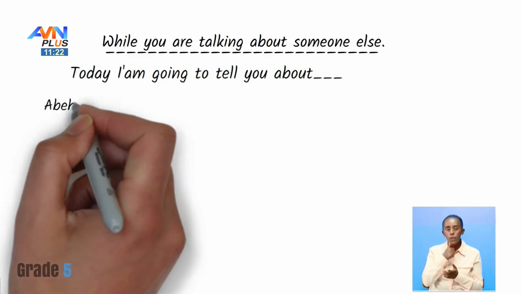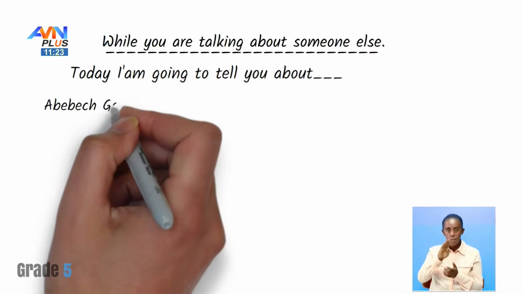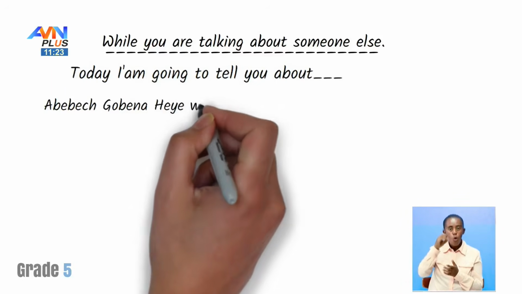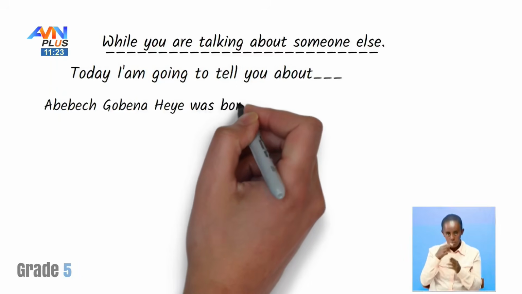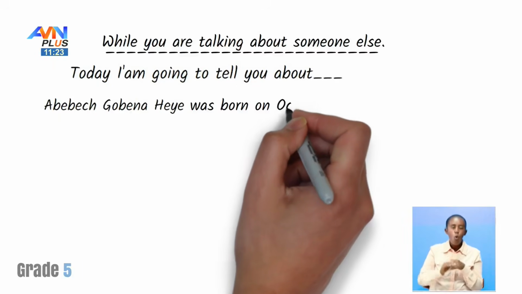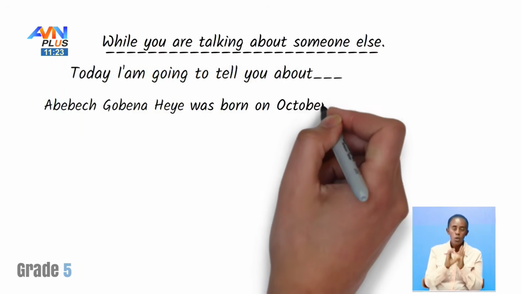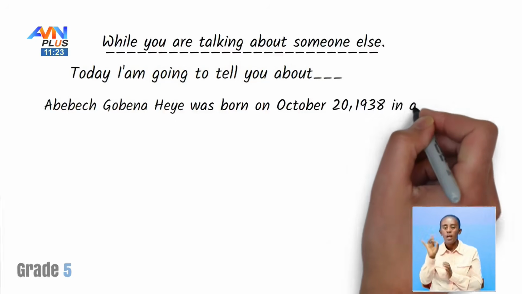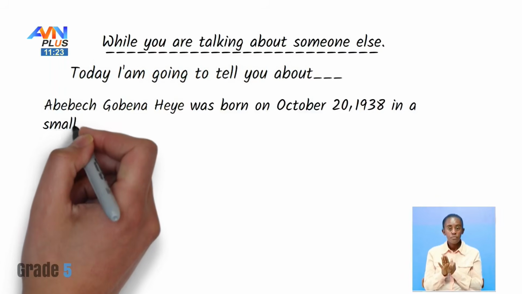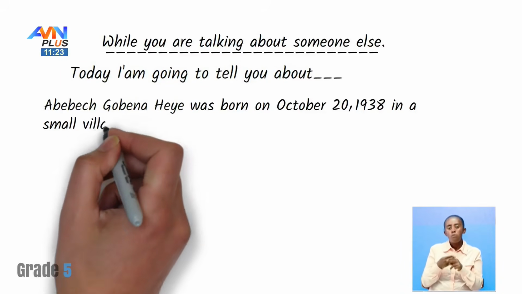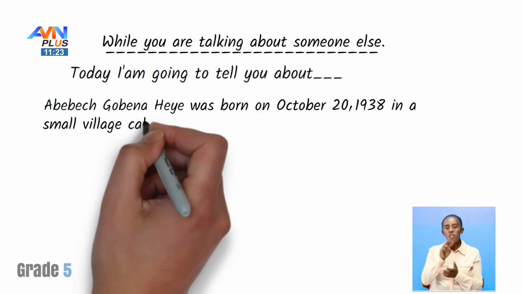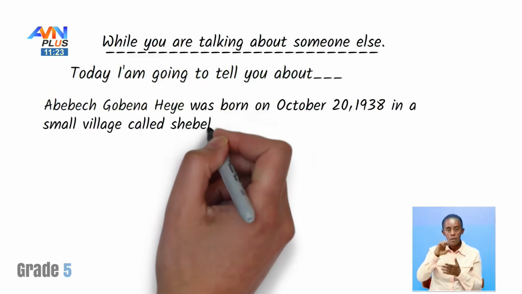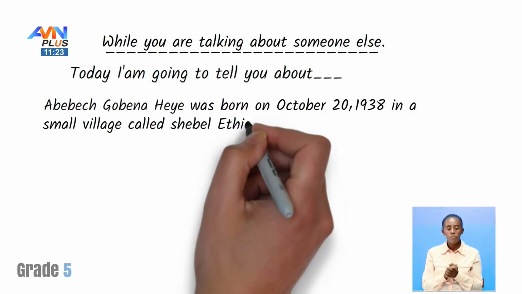Abebech Gobena Hey was born on October 20, 1938 in a small village called Shebel in Ethiopia, or we can say Shebel, Ethiopia.